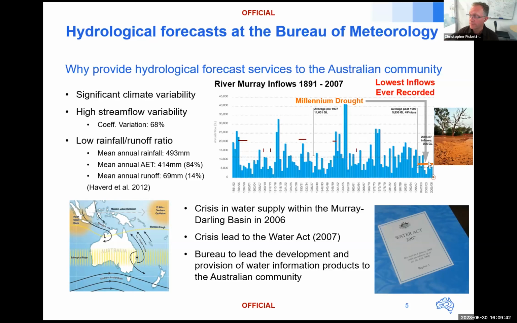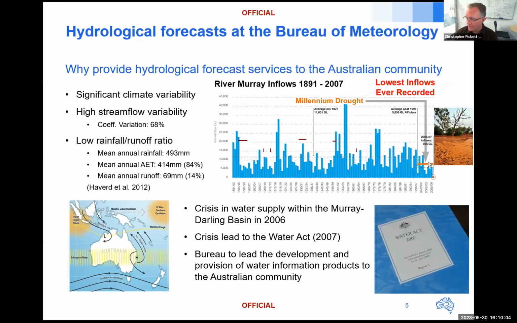And so leading into 2000, we hit the millennium drought. We all know that was a pretty stressful time period where Australia experienced significant stresses on its limited water resources, and it really led to a pretty significant crisis in 2006.